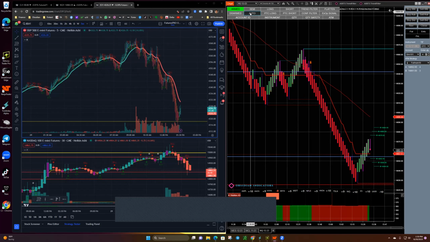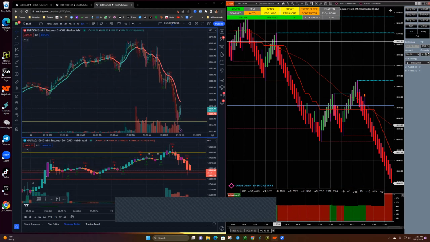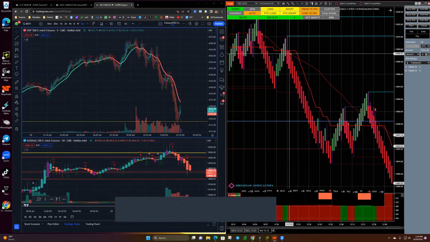Okay, so you would have armed it in the same manner. And what's great about this is that it takes the time element away and it just gives you price action. Okay, so when you have it set up like this, for example, you would have taken the trade right here.